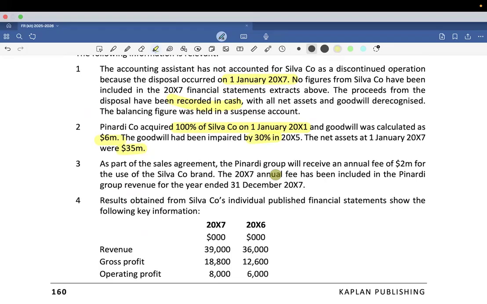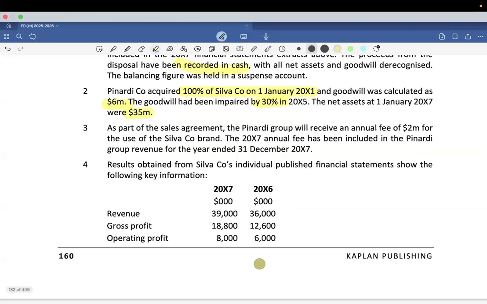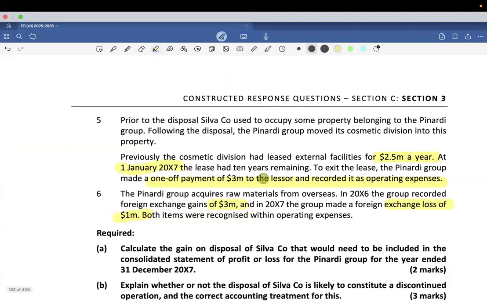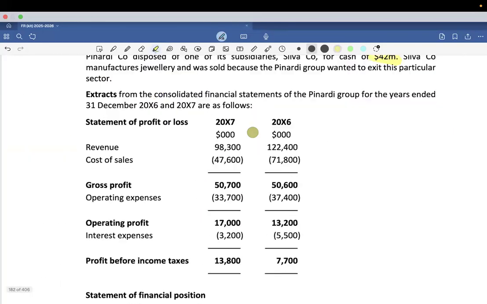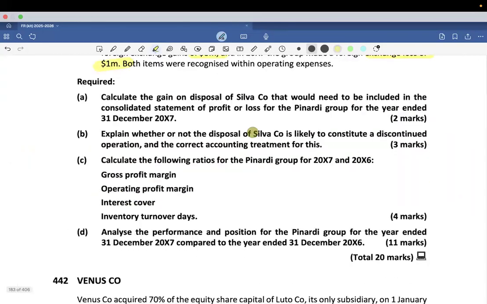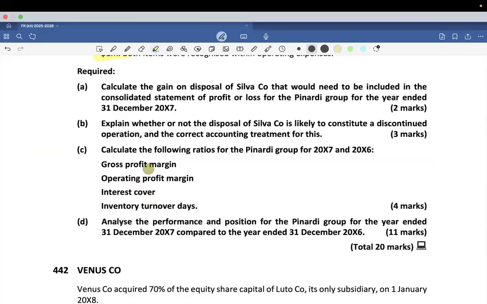Results obtained from Silva Company's individual published accounts show the following key information. I'll read the fifth one as well. Prior to disposal, Silva Company used to occupy, that is already read, right? Now, I want you to calculate these four ratios for 2007 and 2006. I'll give you half an hour.